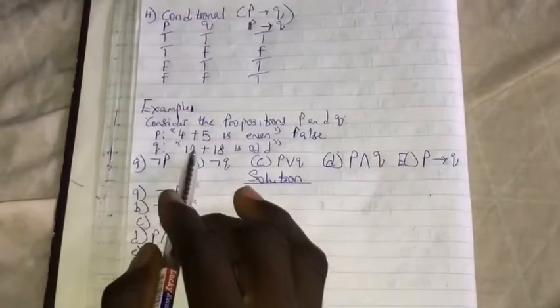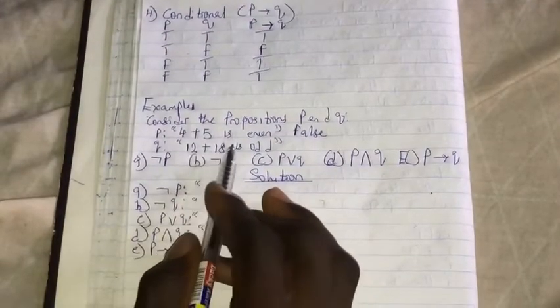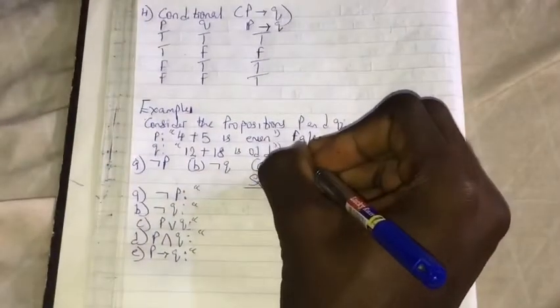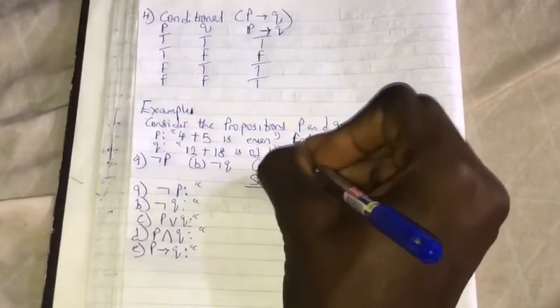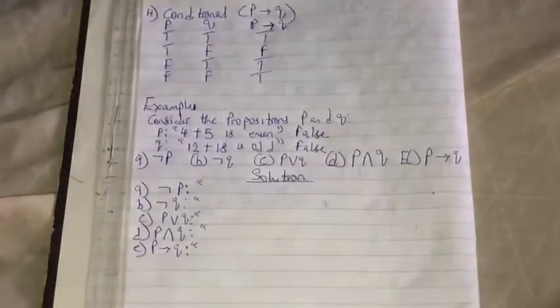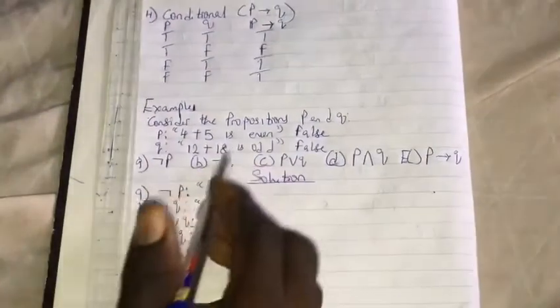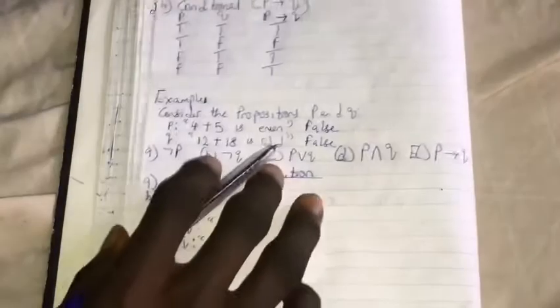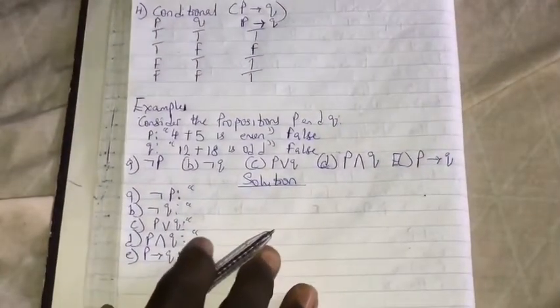Then Q, 12 plus 18 is not odd, it is even, so you also have false.